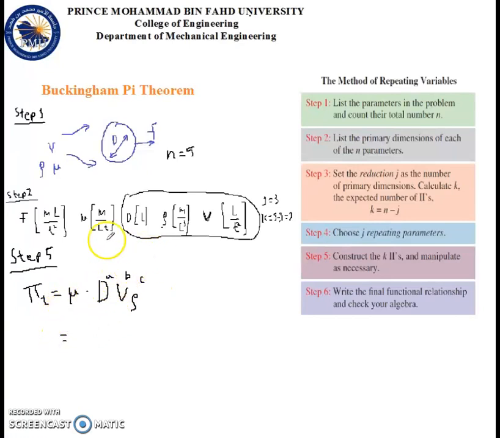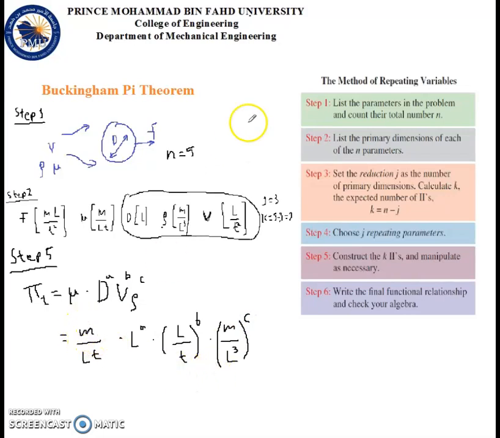Viscosity units are mass over length multiplied by time. Diameter is length to the power of a. Velocity will be length over time to the power of b. And density will be mass over length to the power of 3, and all this to the power of c.